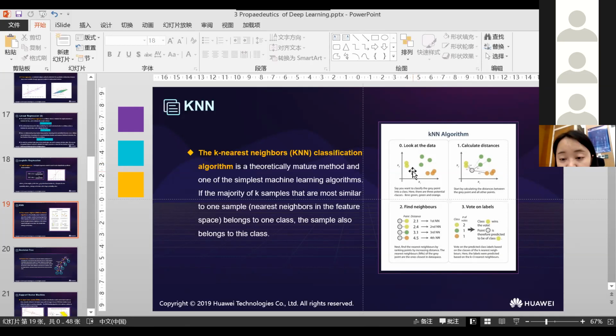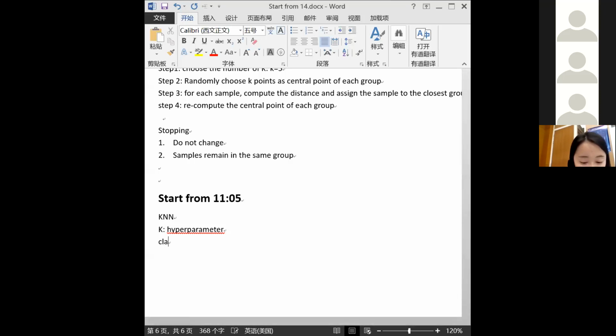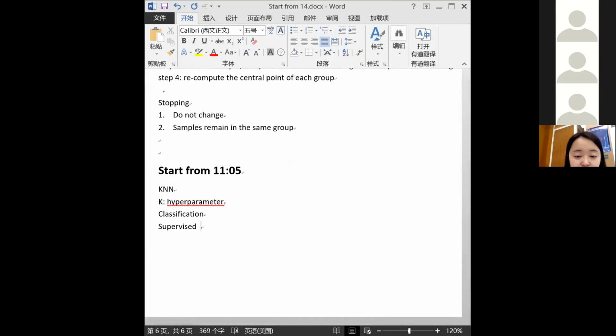So this new sample will belong to the orange group. So that is KNN. We don't need to train the model. We just need to find the k nearest labels, and it's a model for classification. And also it's a supervised learning algorithm. These models are all labeled. So that is KNN, a very simple algorithm.